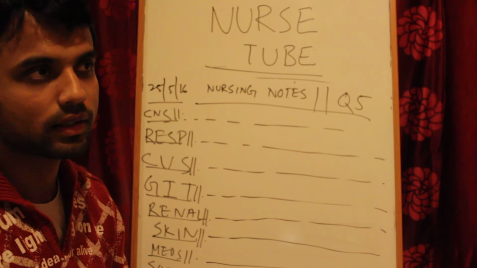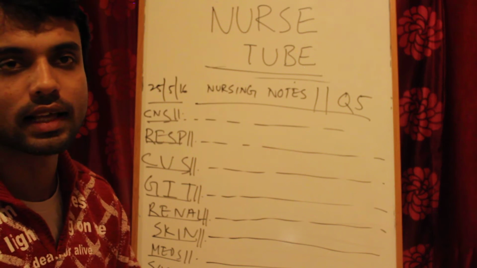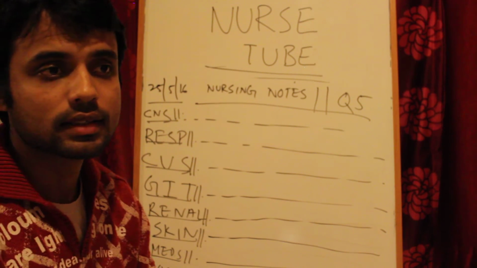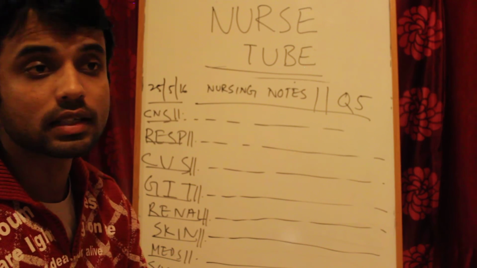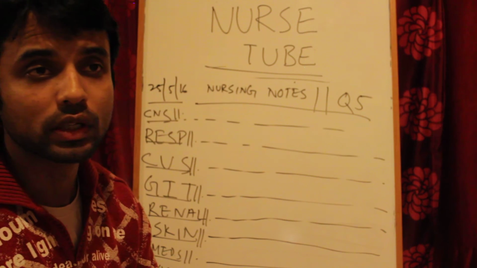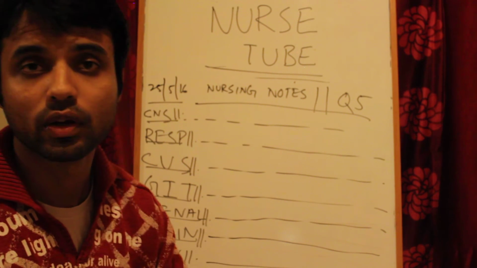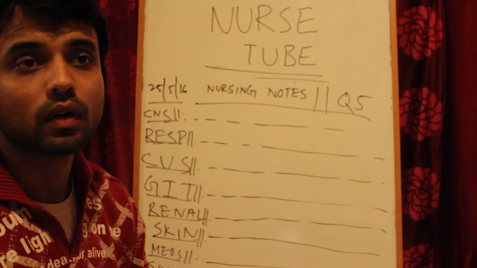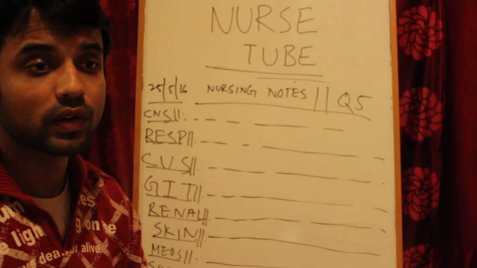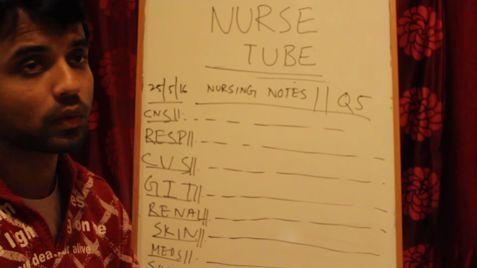Okay, GIT, same thing. So what's happening under GIT? GIT means gastrointestinal tract. So it starts from mouth, goes to anus. You don't have to talk about everything, but yes, if there is any problem, or generally what we do is whether the patient is tolerating ward diet or not, or nil by mouth, something like that, or if there is any surgery or anything, you can write under gastro.